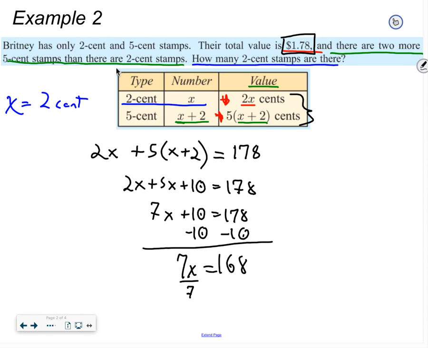Divided by 7, divide by 7, and I get x is equal to 24.